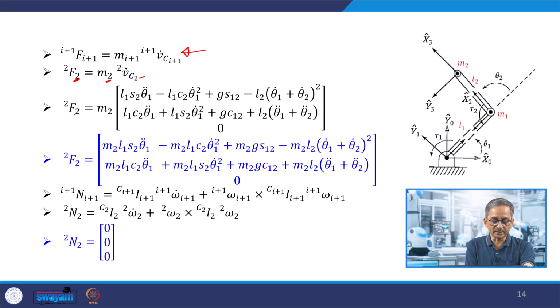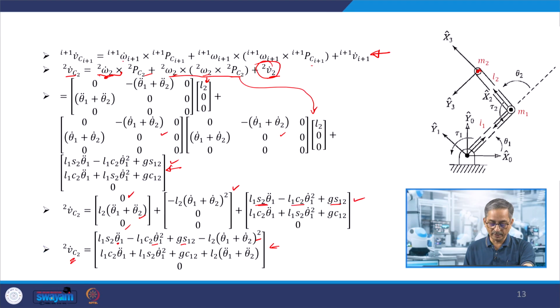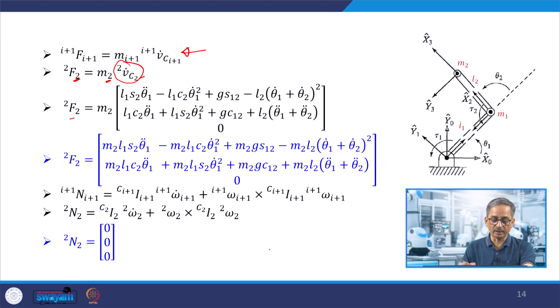This is the value I have just calculated in the previous slide. So, I pick up this value from here and put it over here. This gives me the inertial force acting on link 2. Then I can do the simplification. I can do this multiplication by M2 and write it like this.